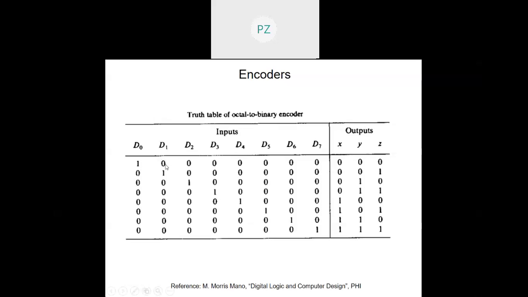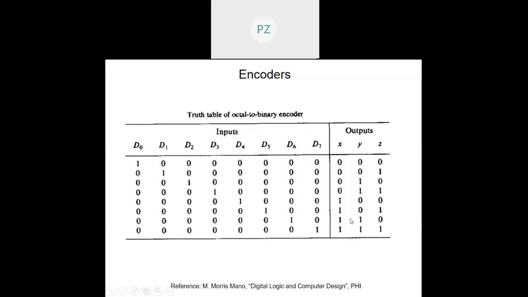Then obviously such an octal to binary encoder will malfunction, because it is designed in such a way that only one of the input lines has to be high at a given point of time, which is not in your control because input is coming from the outer world. Anybody, intentionally or unintentionally, may put more than one of the input lines high. Then obviously things will get disturbed.